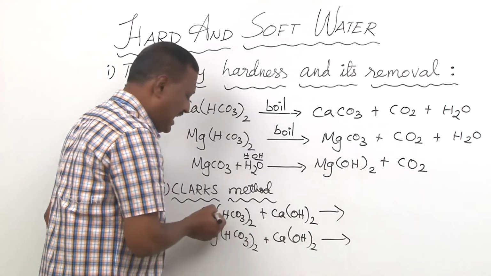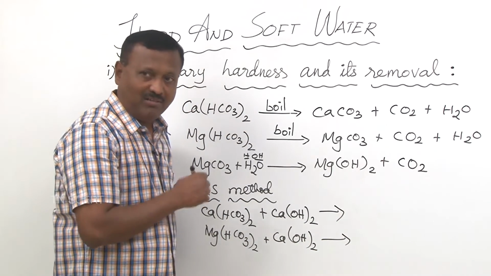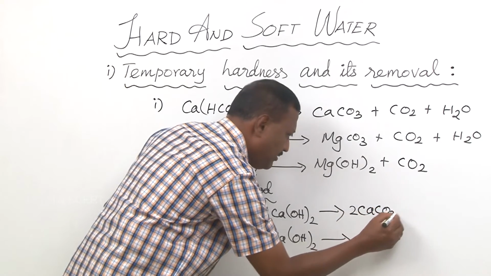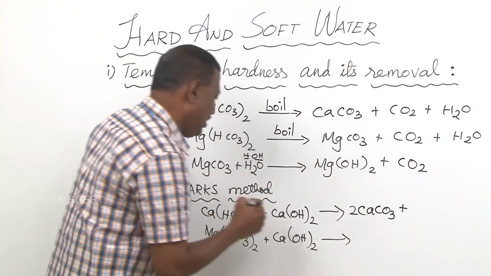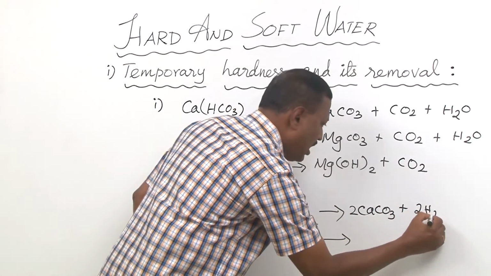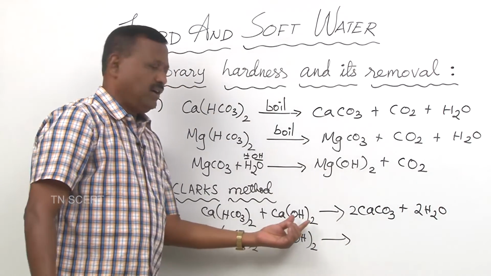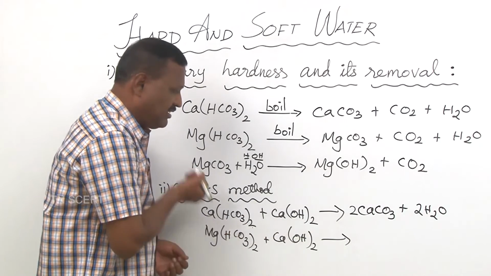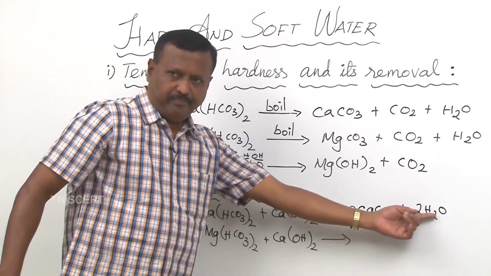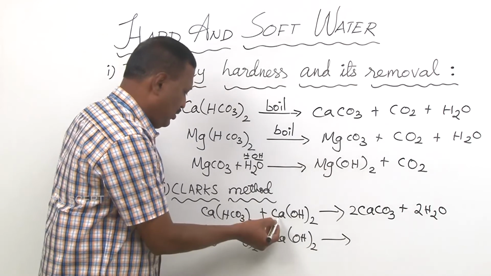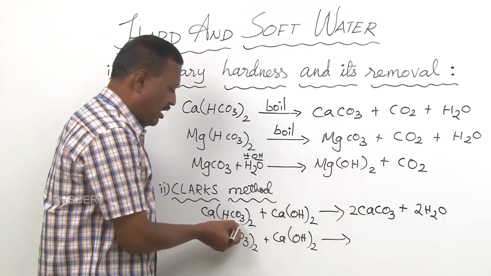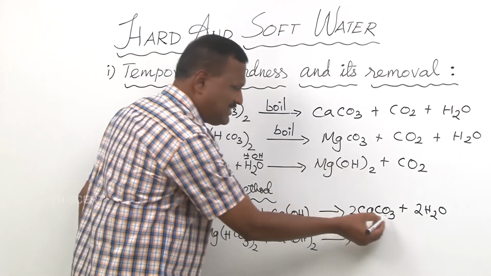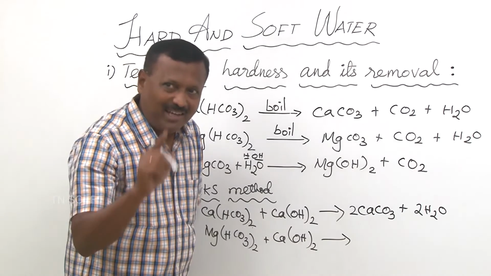As we have double calcium here, we will form 2 calcium carbonate, CaCO3, plus 2 water molecules. How 2 water molecules? Here 2 hydroxy combine with 2 hydrogen to form 2 water. And here 2 calcium and 2 carbonate form 2 calcium carbonate. This calcium carbonate is an insoluble salt.